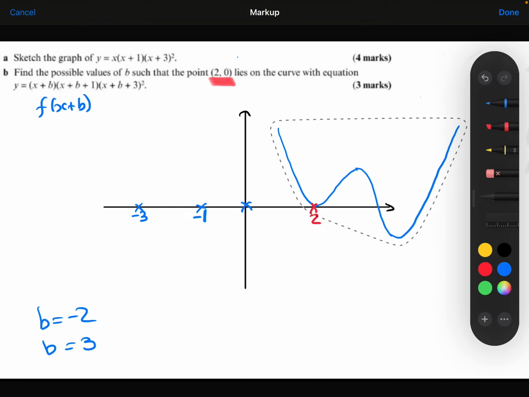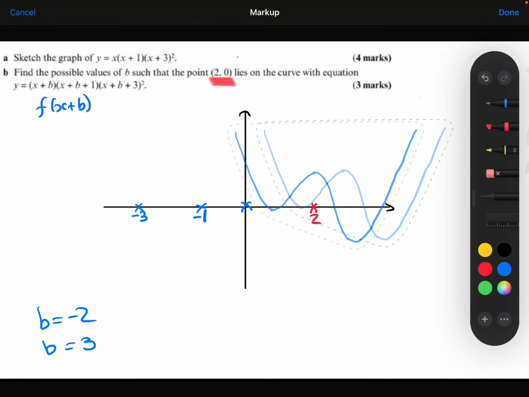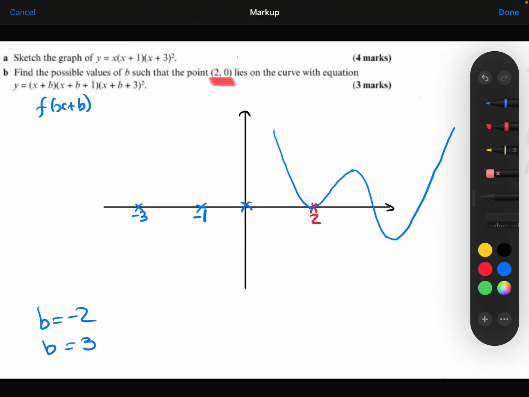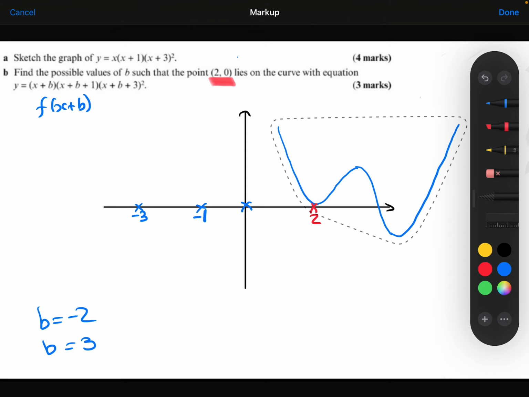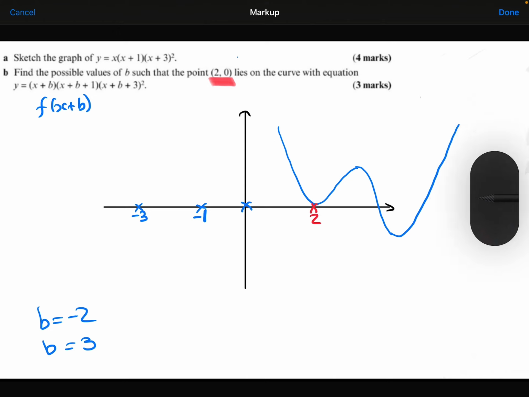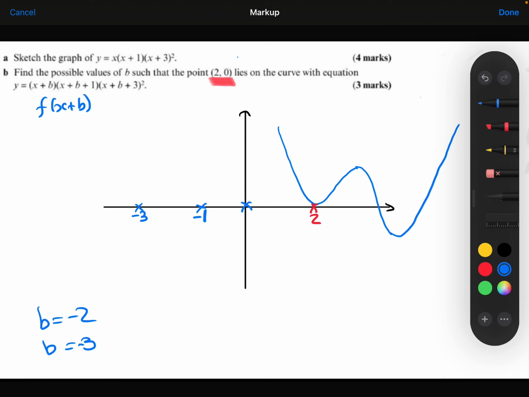If it shifted 5 squares over from here to here, that's moved 5 squares, so that would be where b is minus 5. So if b was minus 2, or minus 3, or minus 5, then this function would pass through the point (2, 0).